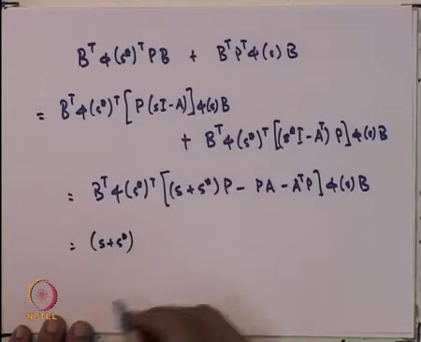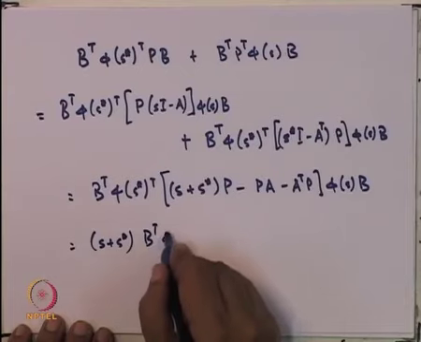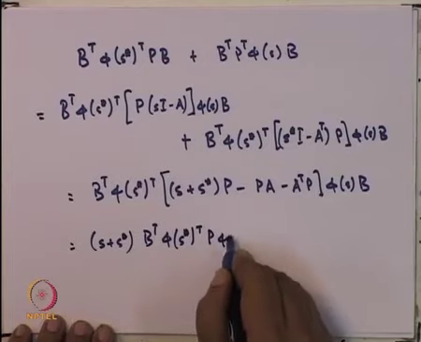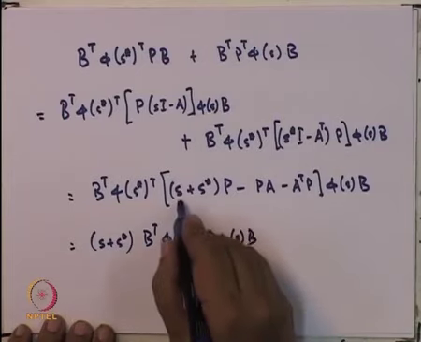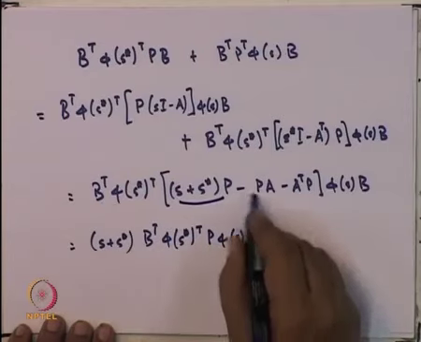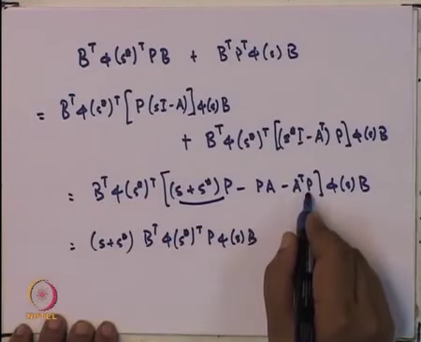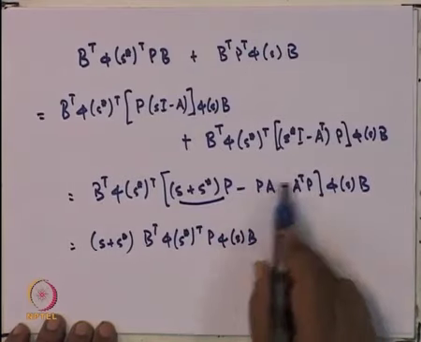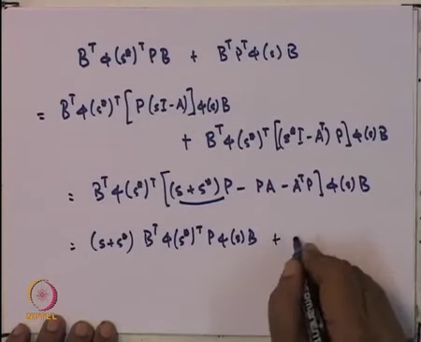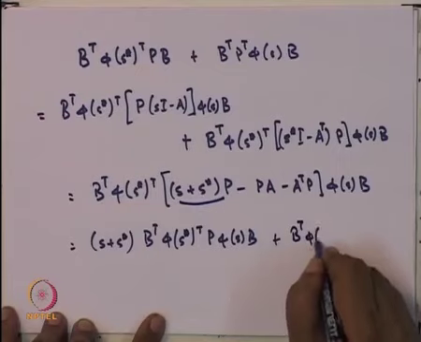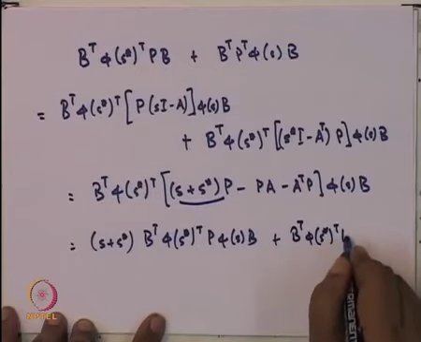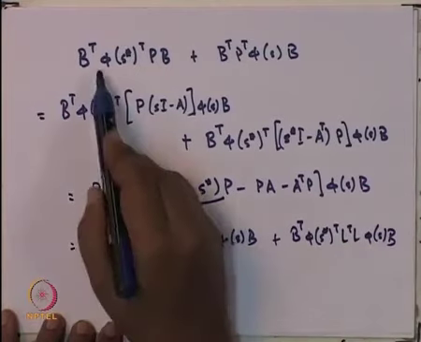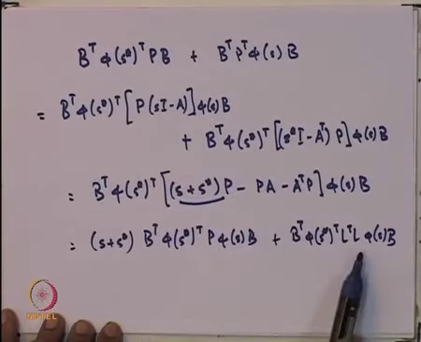These are just scalars, so I can pull them out: B transpose phi S star transpose P phi S B. I have just used up this much, and for the other portion, P A plus A transpose P from that first equation should be equal to minus L transpose L. So I substitute that, and therefore I end up with B transpose phi S star transpose L transpose L phi S B. So these two terms we picked up, and we end up with these two terms.